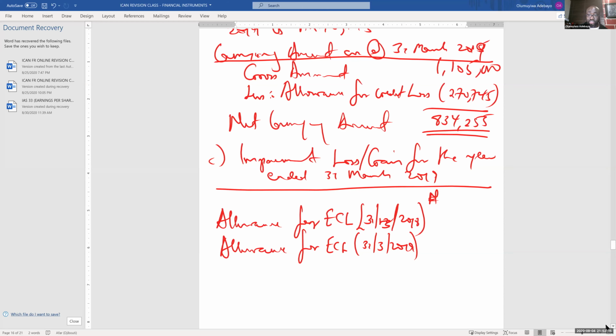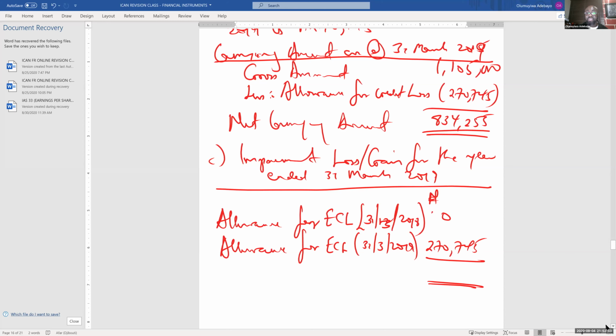Last year, how much was it? Let me check my own question. We are not given the allowance, which means last year it was 0. This year it is 270,745.